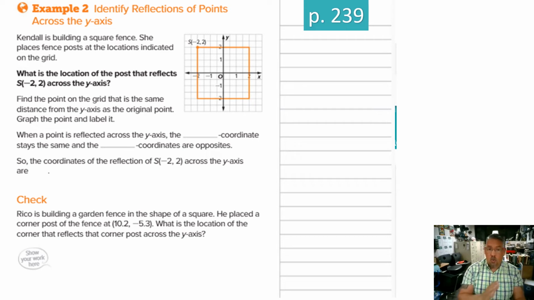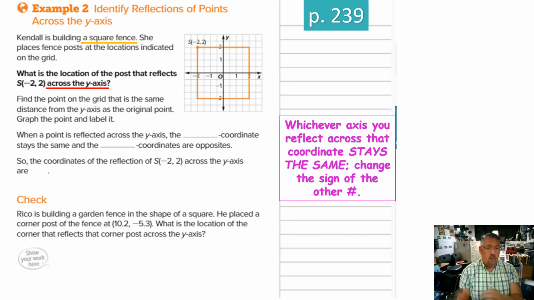So I'm going across the y-axis, right? That's my vertical axis. So I know that I have to square equal distance. I'm reflecting across the y-axis. And my rule is that I keep the coordinates of whichever one I'm crossing, and I change the opposite for the second one. So in this case, since I'm going across the y-axis, then my y coordinate has to stay the same.